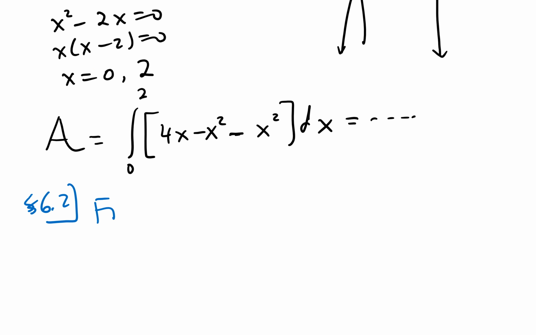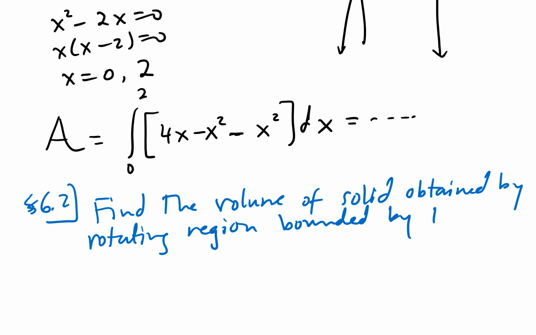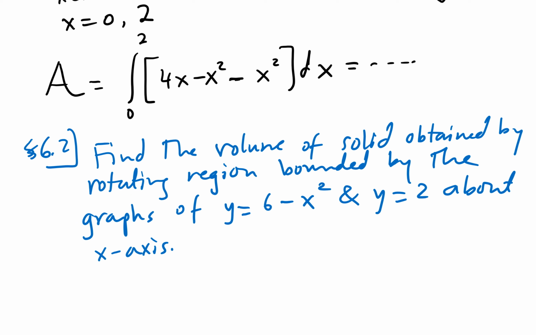Find the volume of the solid obtained by rotating the region bounded by the graphs of y equals 6 minus x squared and y equals 2 about the x-axis. Make sure you sketch the graph.